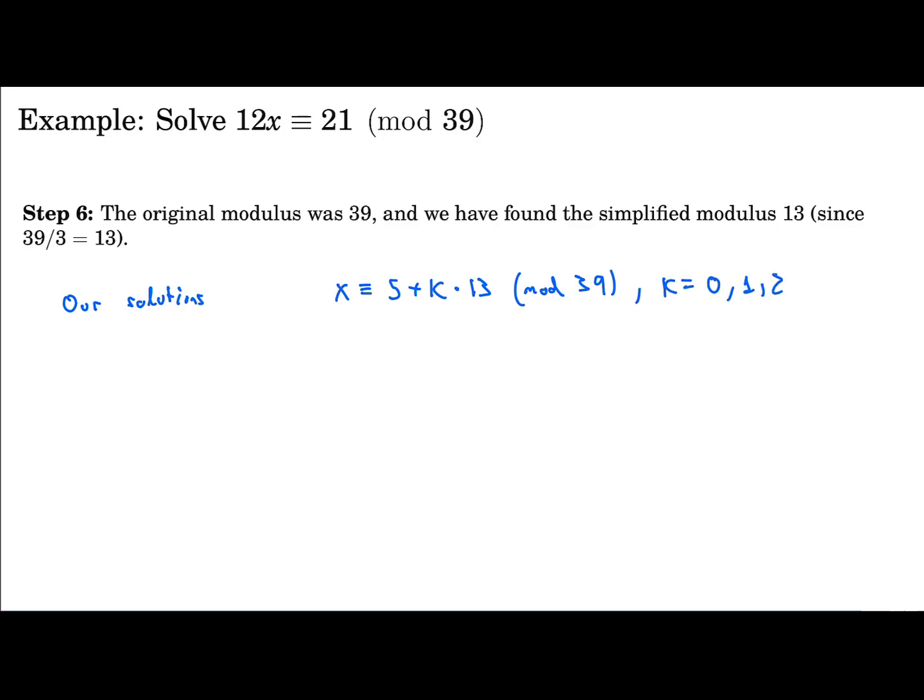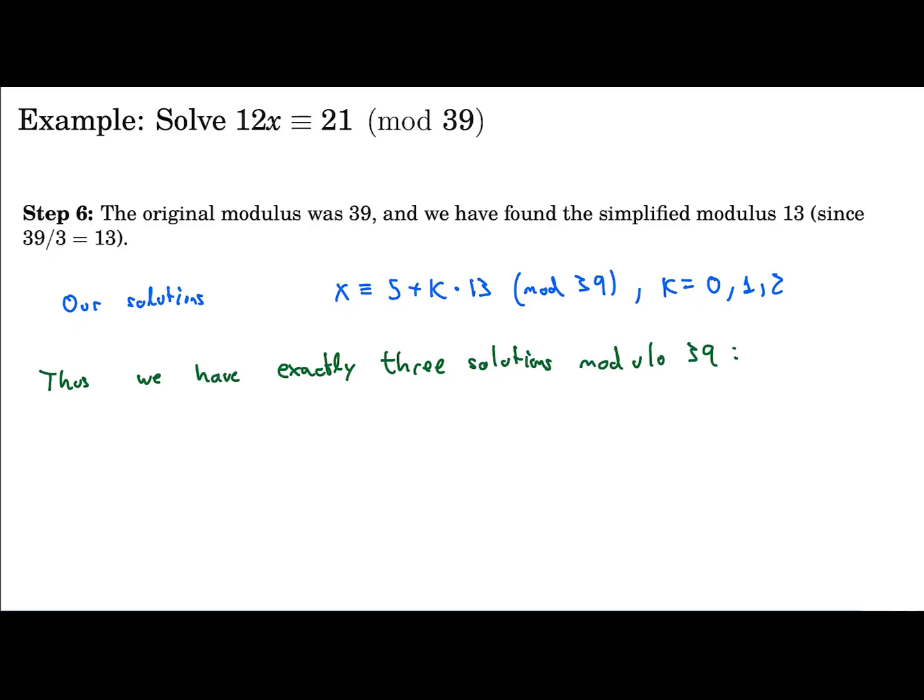And so if we replace that, thus, we have exactly 3 solutions modulo 39. And what are these solutions?